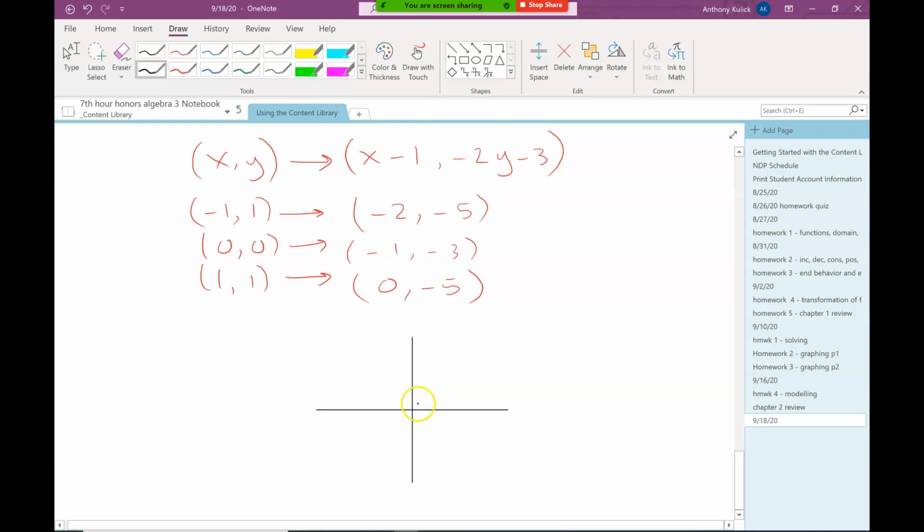Okay. So I'll go ahead and plot my 3 points here. There's that. But before I draw and connect these, this is one of the 2 things that are going to be a little bit different.